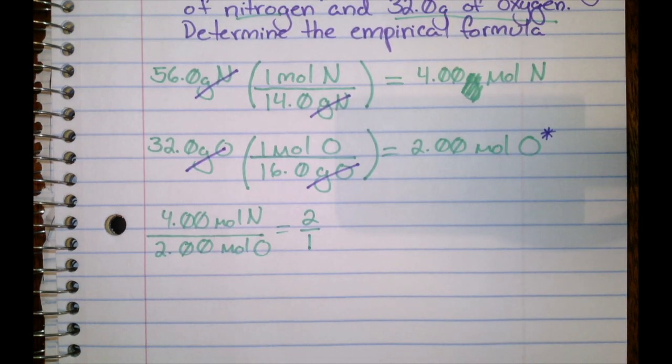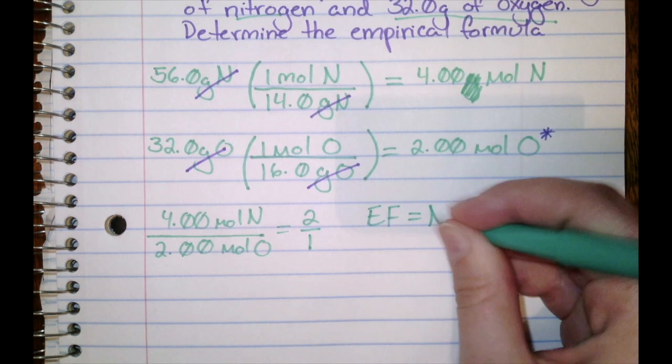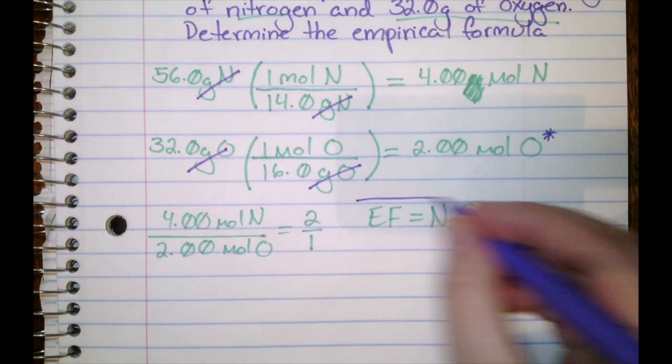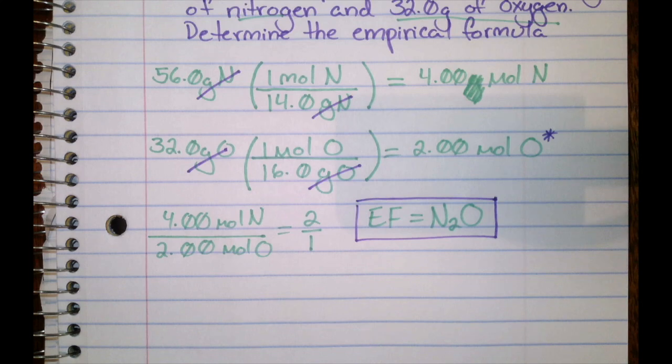So this compound is 2 parts nitrogen to 1 part oxygen, which means its empirical formula should be N2O. And that's how we determine the empirical formula. So the compound in this sample is dinitrogen monoxide.